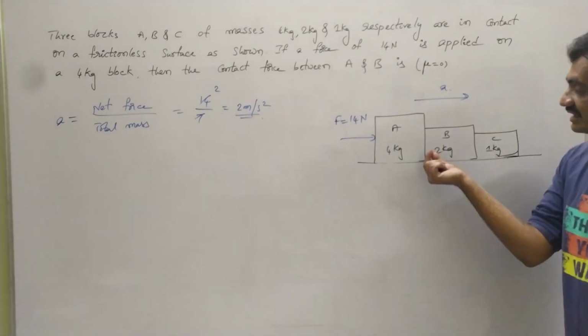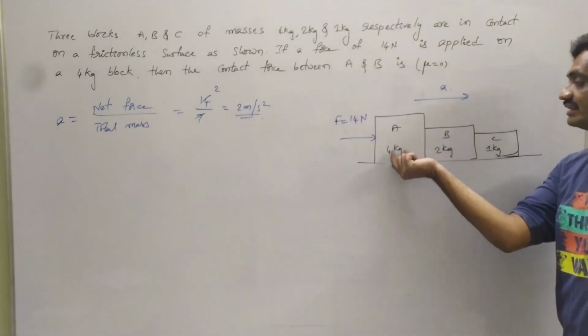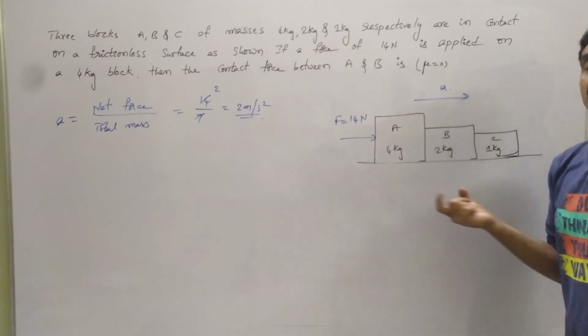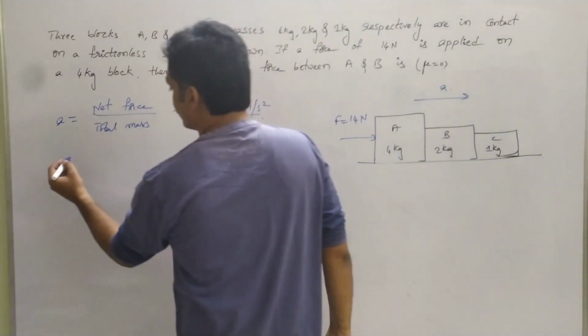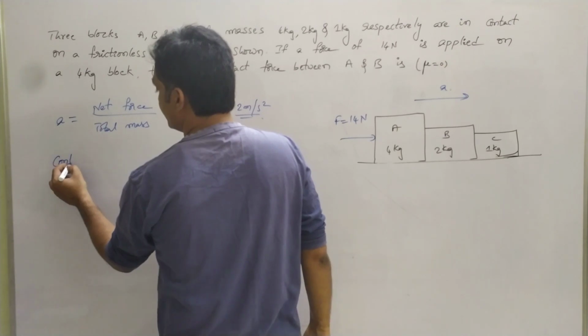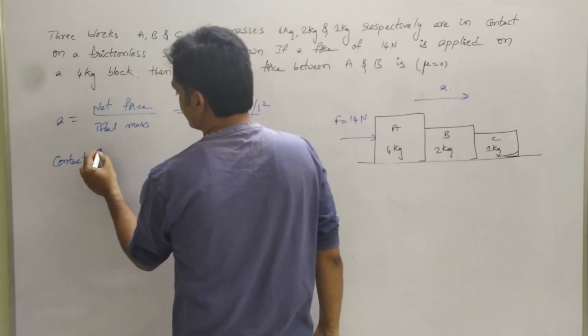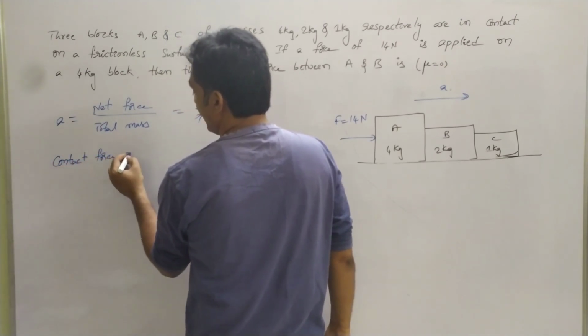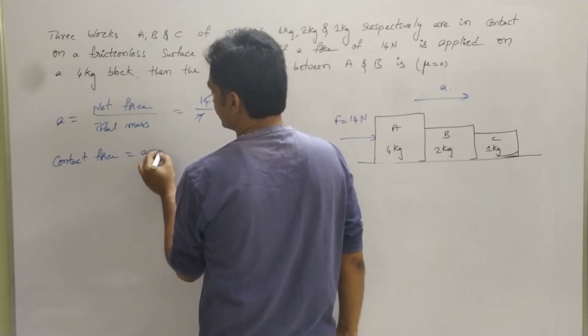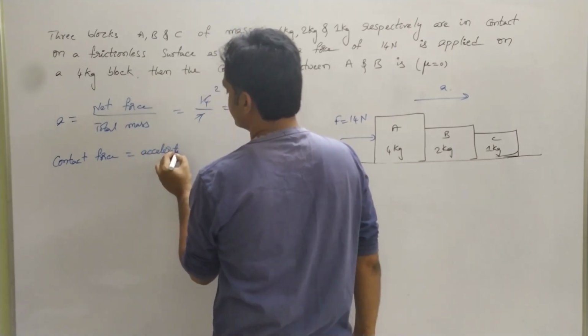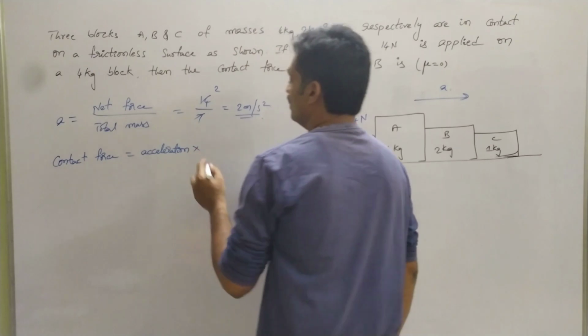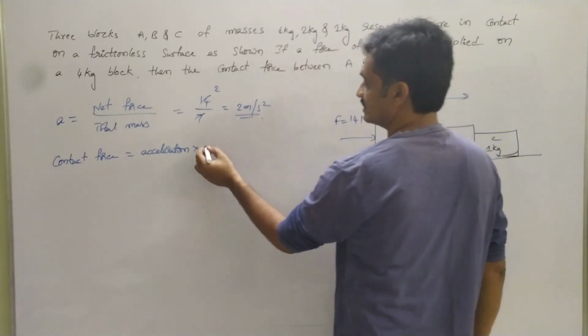Now we have to find the contact force acting between the block A and B, where the contact force is given as the acceleration of the system into the mass of the remaining blocks.